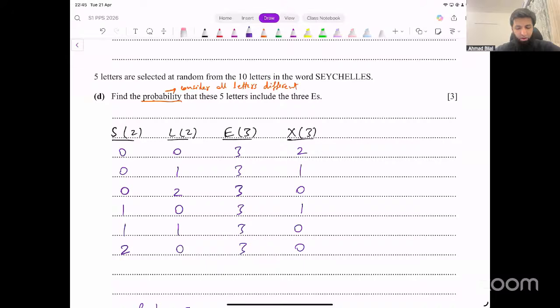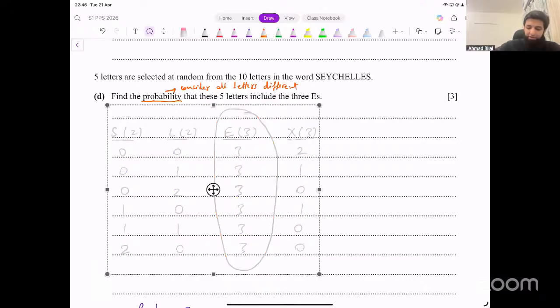Because we're considering all letters as different, we don't really care about those cases. Since we're considering all letters as different, and we know that out of 5, 3 have to be E's, from the remaining 7 letters, we have to select 2 more. That's actually right. We do not need to make cases here.